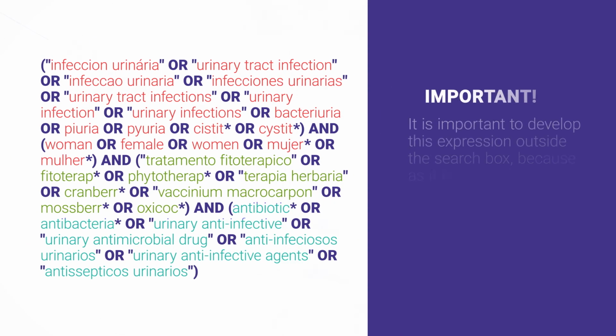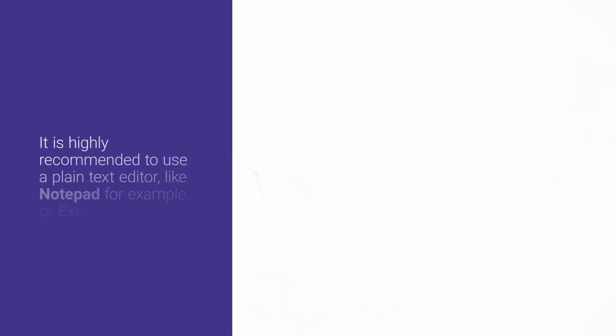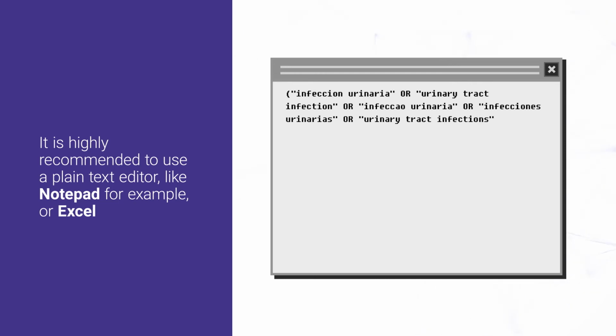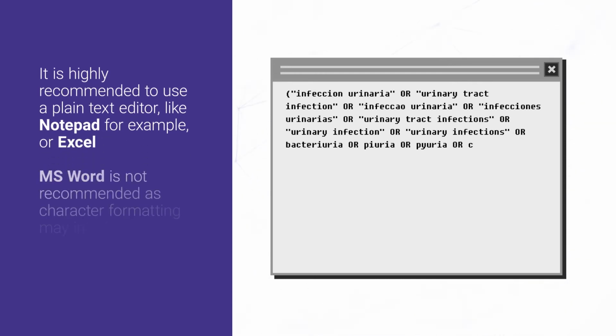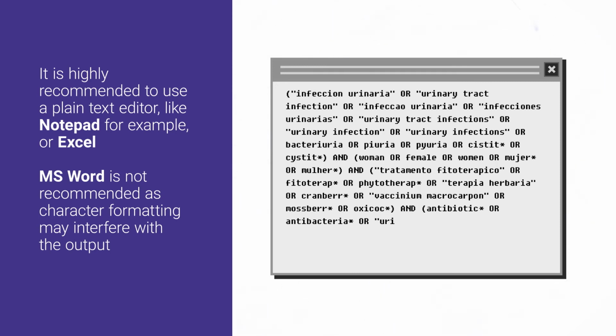It is important to develop this expression outside the search box, because as it is such a long expression, using only the search box can make it difficult to type it all without any errors. It is highly recommended to use a plain text editor, like Notepad for example, or Excel. Microsoft Word is not advisable since the character formatting of some symbols such as quotation marks may not be precisely recognized and can interfere with the search results.